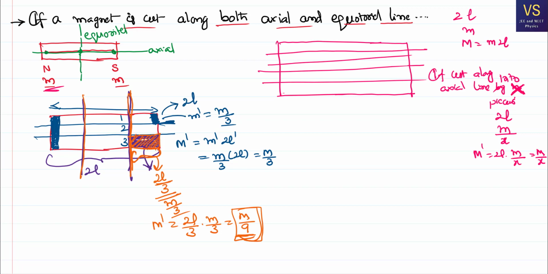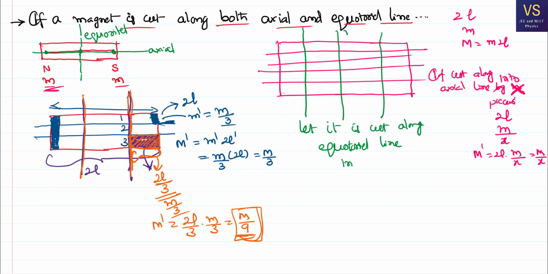Now you cut the same magnet perpendicular to the axial line, that is along the equatorial line, into Y pieces. Then each piece is like this.